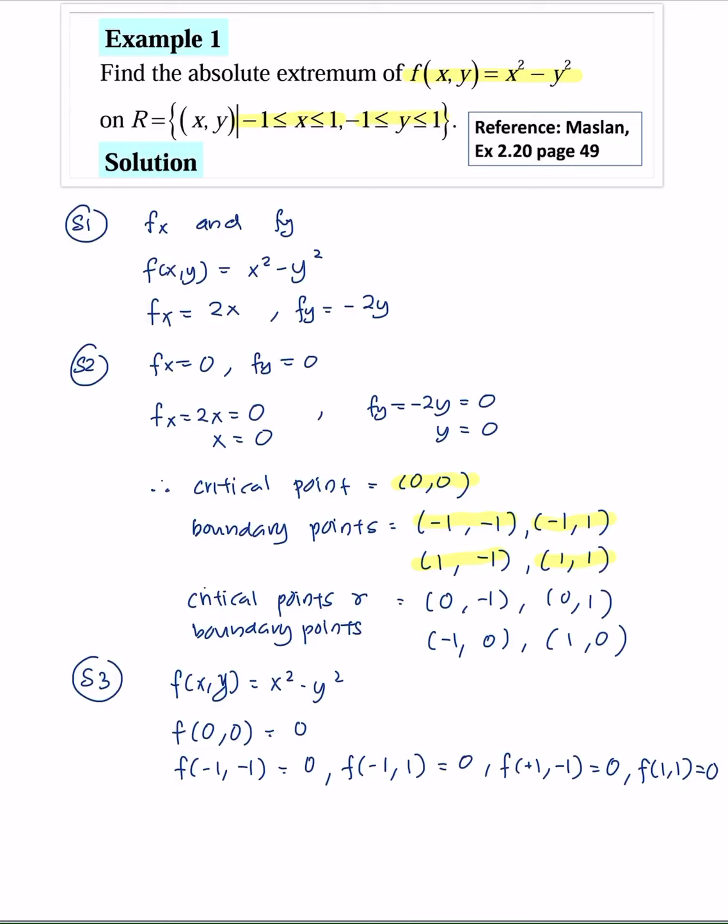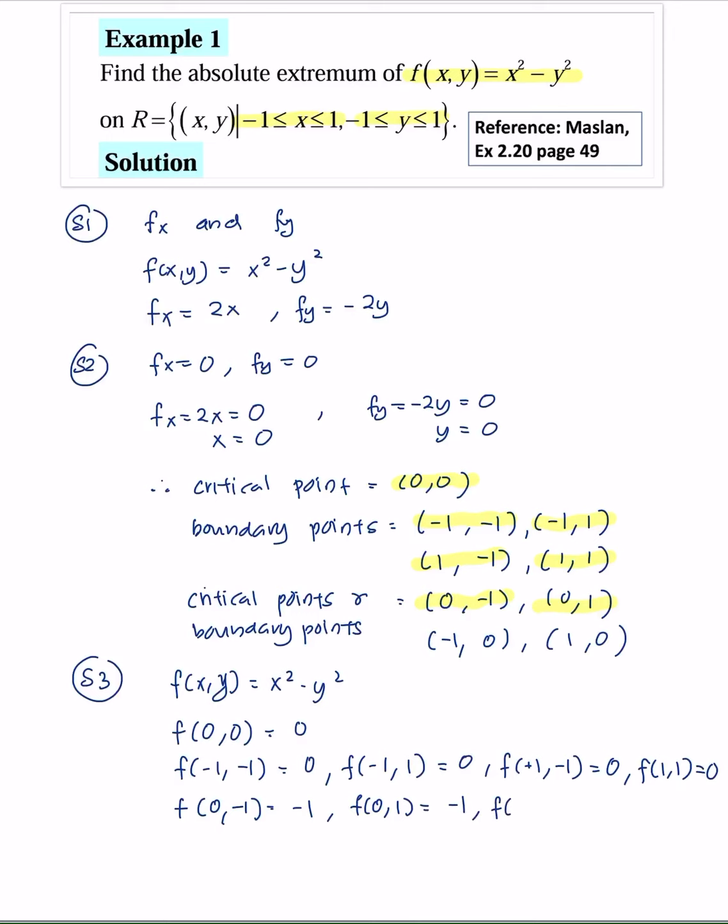Now we move to the critical point and boundary point combinations. For f(0,-1), we obtain 0 minus 1, so minus 1. For f(0,1), it will be 0 minus 1, so it's still minus 1.